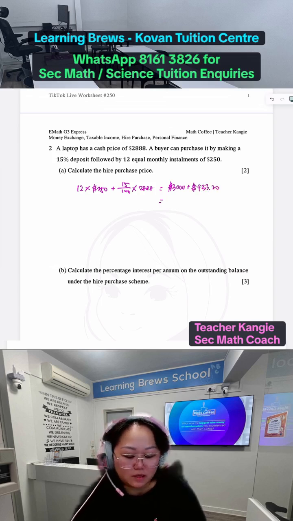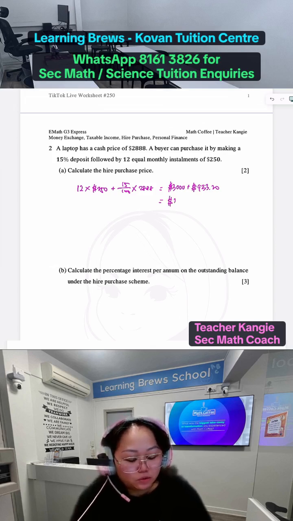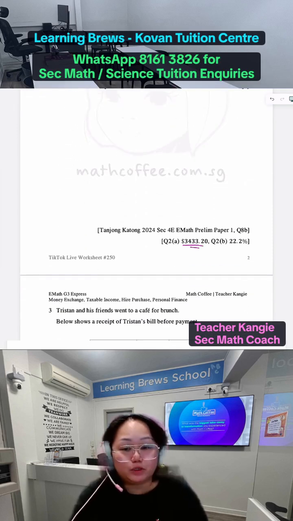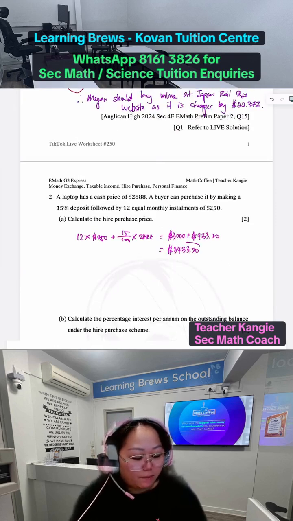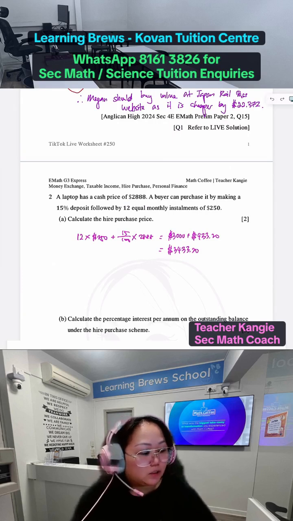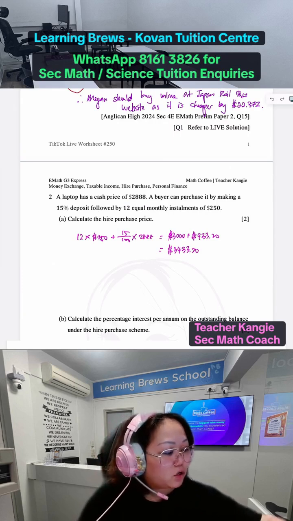That gives us $3,433.20, which will be the hire purchase price. If you compare to the cash price, it is higher. The additional amount that exceeds the 2,888 is called the interest.